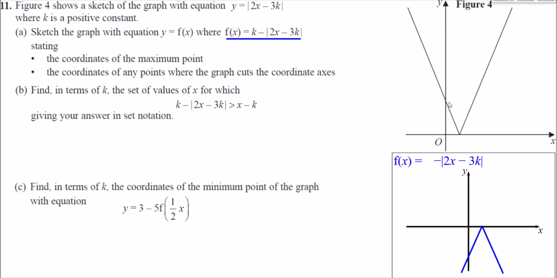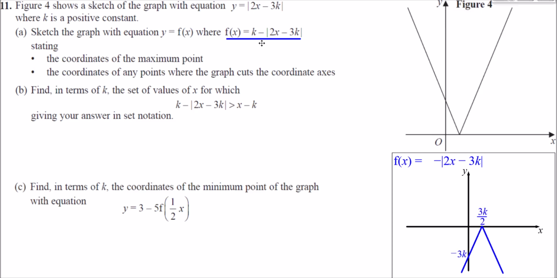Because I've reflected this in the x-axis, that now becomes minus 3k. This value here, where y is equal to 0, is where 2x minus 3k is equal to 0. If I rearrange and solve that linear equation, 2x must be equal to 3k, in other words x must be 1.5k or 3k over 2. So we can label in these points.